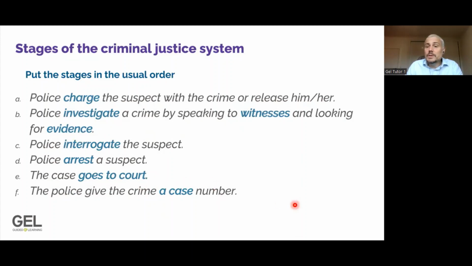I would like you to put these stages into the correct order that they normally happen in the criminal justice system. Look at the next question below this video and type the letters A to F in the correct order.